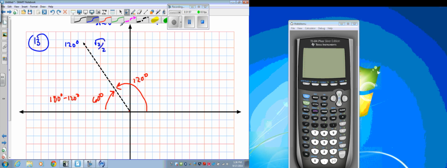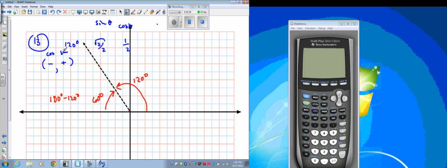So the cosine of this 120 is going to be 1/2, but what do we have to put out front? Second quadrant has x negative, so the cosine is negative.